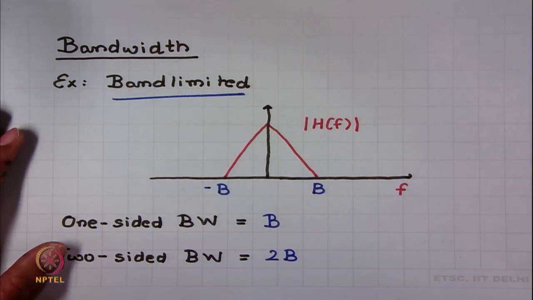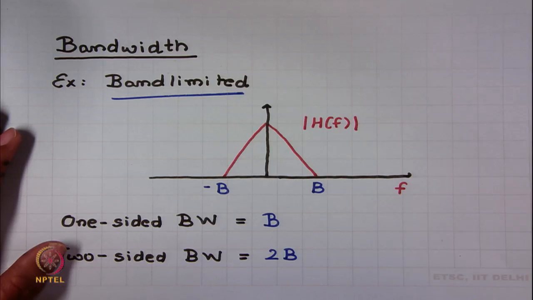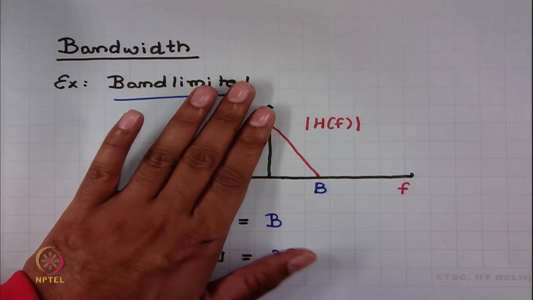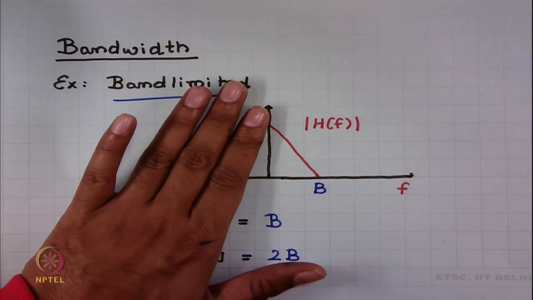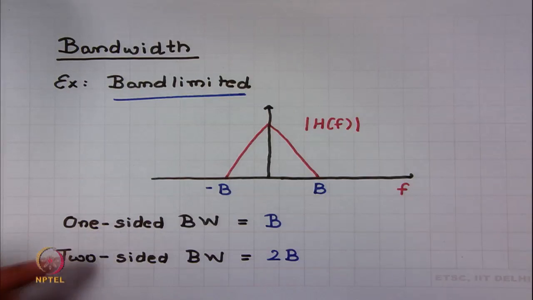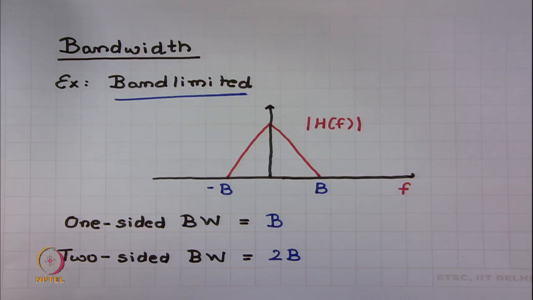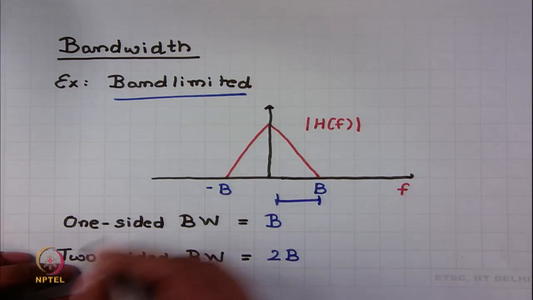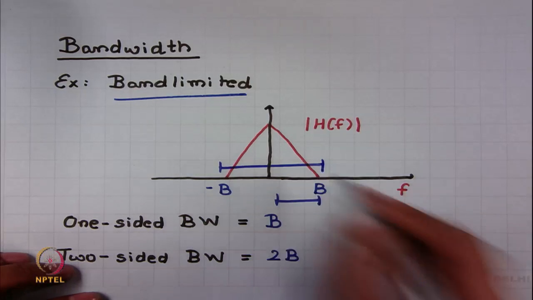So, how do we define bandwidth? The one idea is just to look at the positive side of the spectrum, and if you just look at the positive side of the spectrum, bandwidth will be B. If you look at both positive and negative side of the spectrum, bandwidth will be 2B. We say this as one sided bandwidth and we say this as two sided bandwidth.